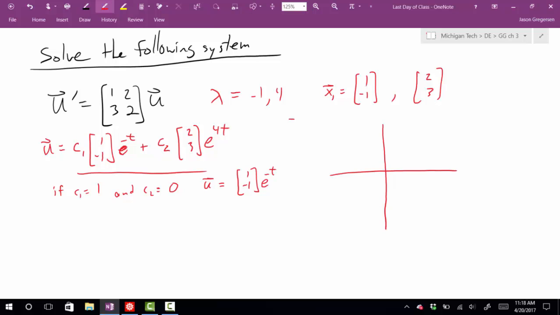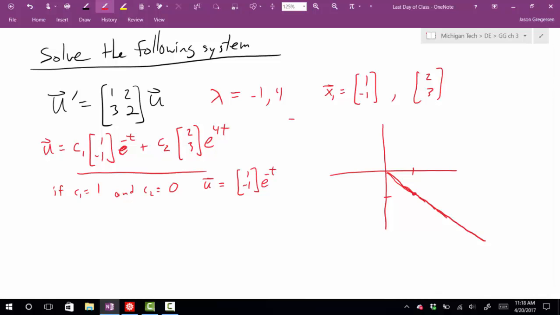So I could say if t is equal to 0, I would have the vector 1, -1, over 1, down 1. I would have this vector, right? That point is on my solution curve. But if I looked at other t values, I'm just scaling that vector. So instead of that vector, now I have one that's a little bit longer, or a little bit shorter. So really this line is that solution curve.